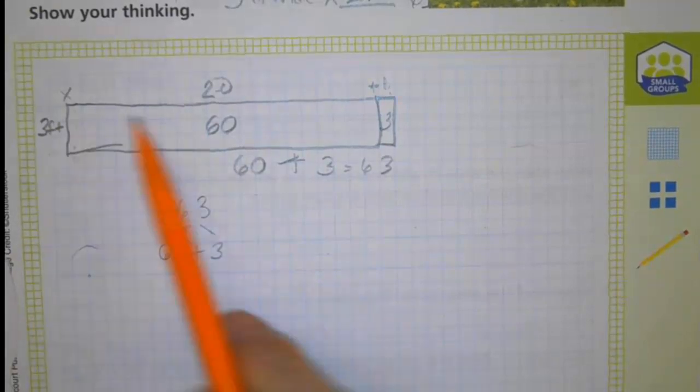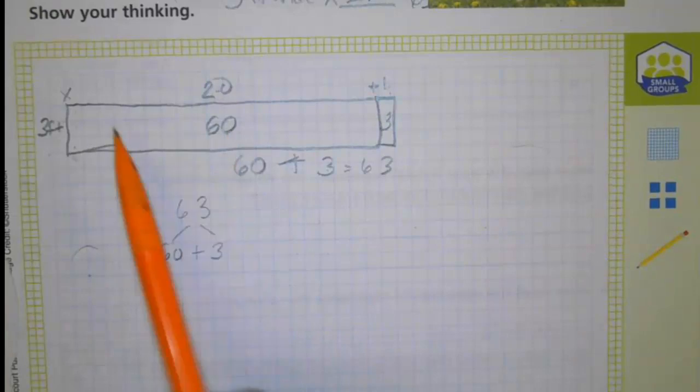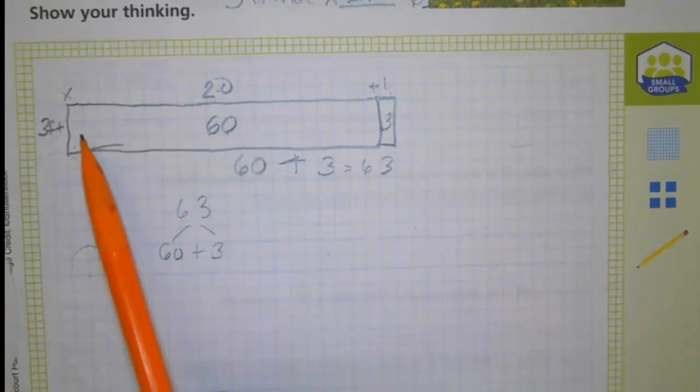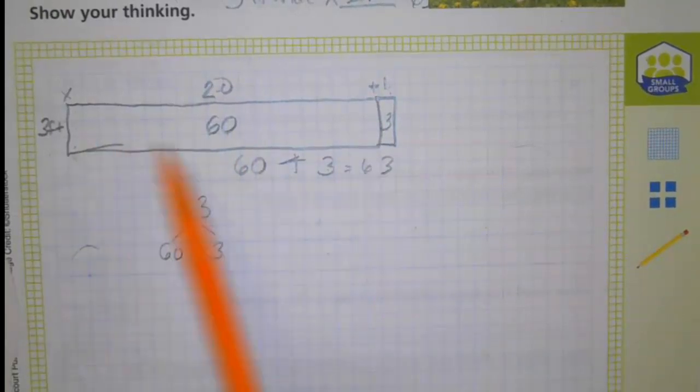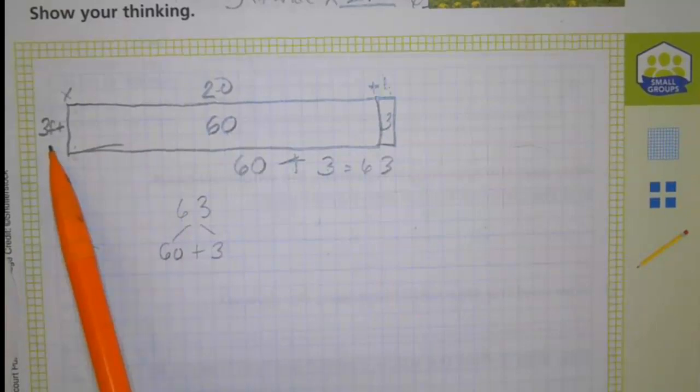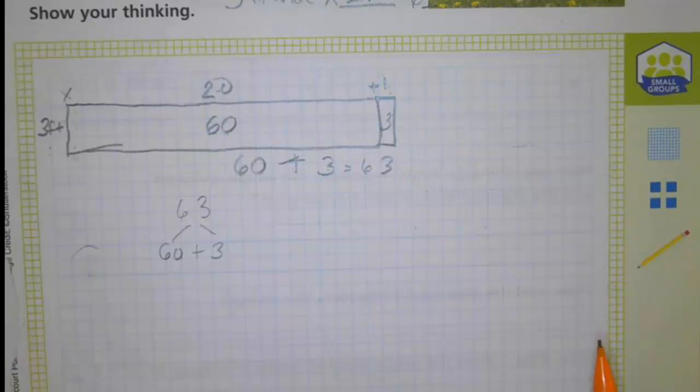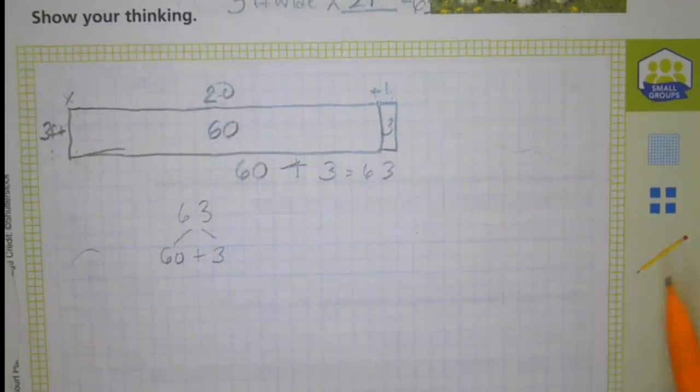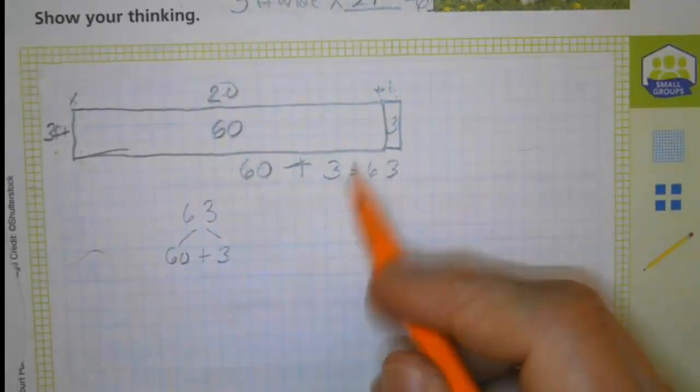So here I've used this model to break down 63 into easier numbers that I can divide by 3 to figure out what the length is. All right, let's finish copying that down and let's move on to the next problem.